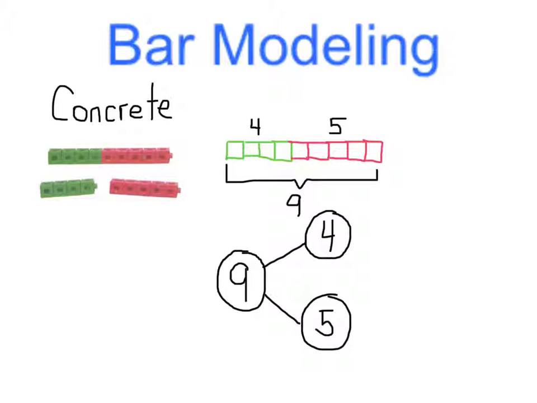When we operate on the abstract level, we can show the algorithm 4 plus 5 to be 9, because in our mind's eye, we can picture 4 in one section, 5 in another, and when added as one long bar, we have the total to be 9.